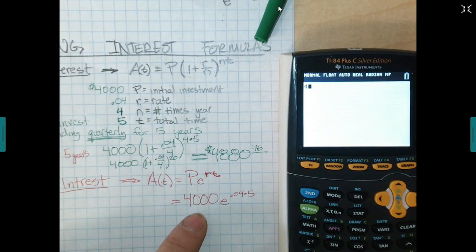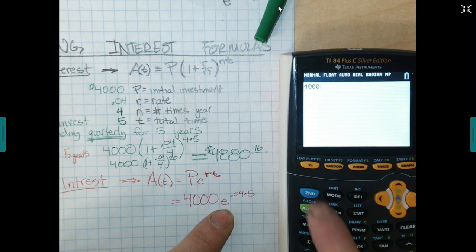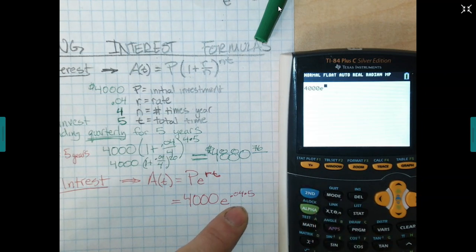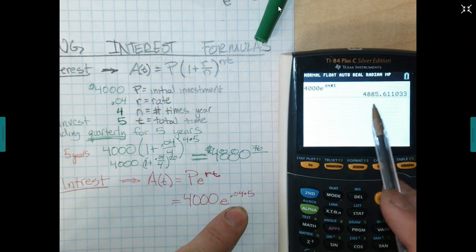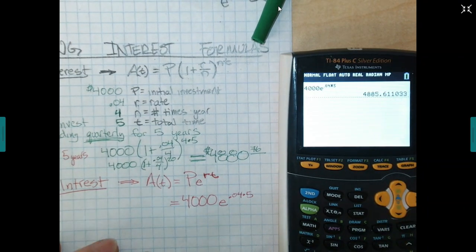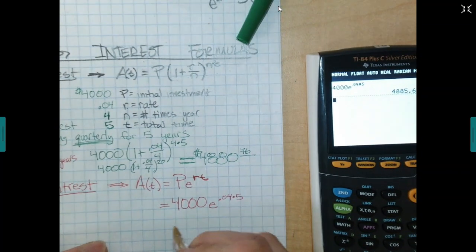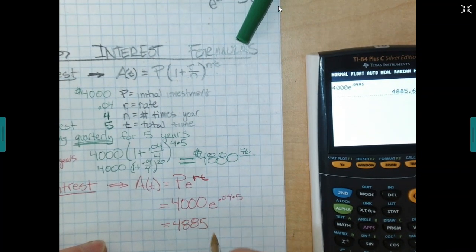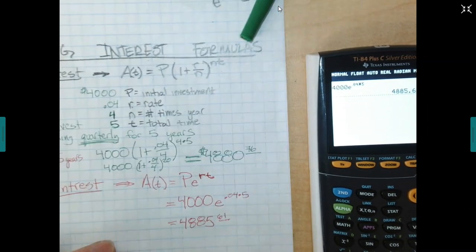So I have 4,000 times E to 0.04 times 5. $4,885.61. So for this one, I get $4,885.61.